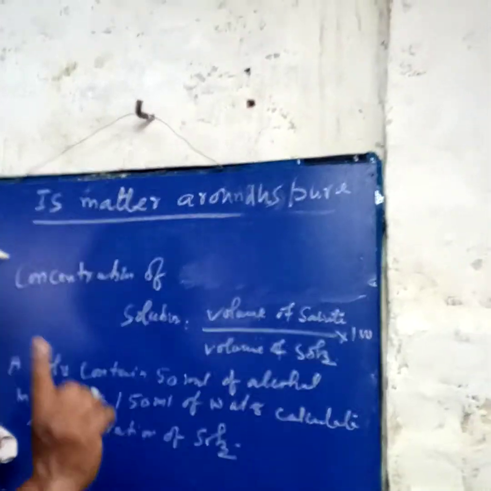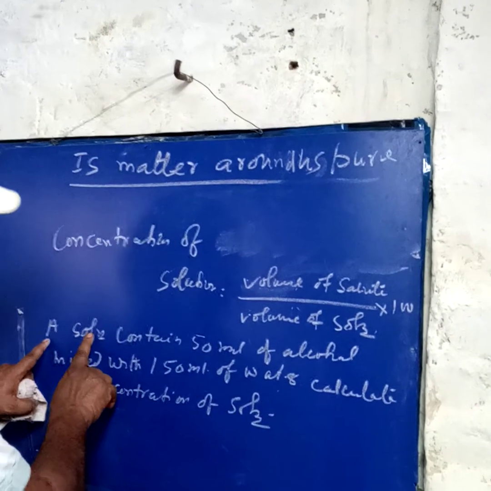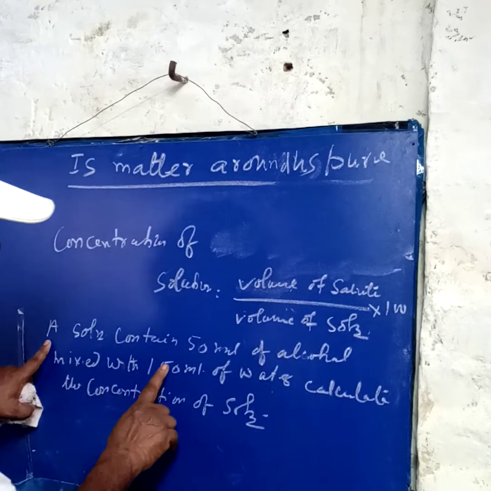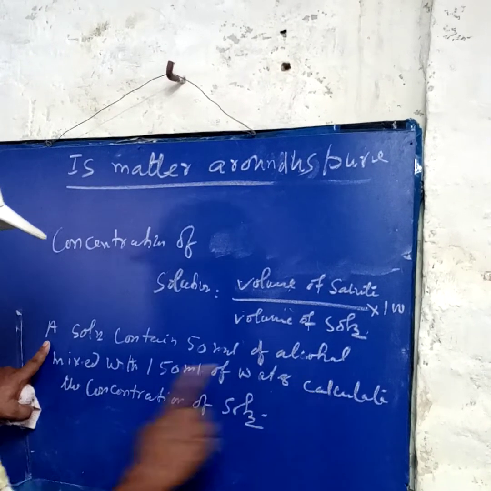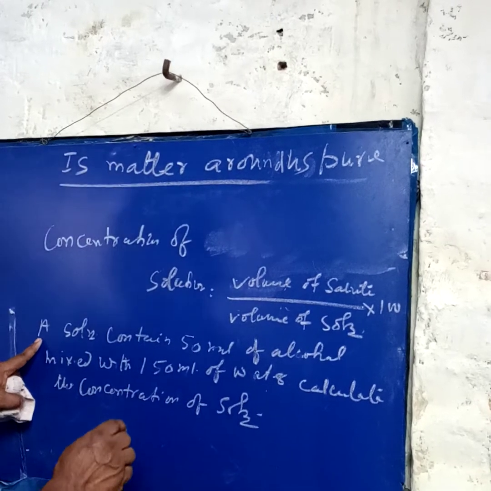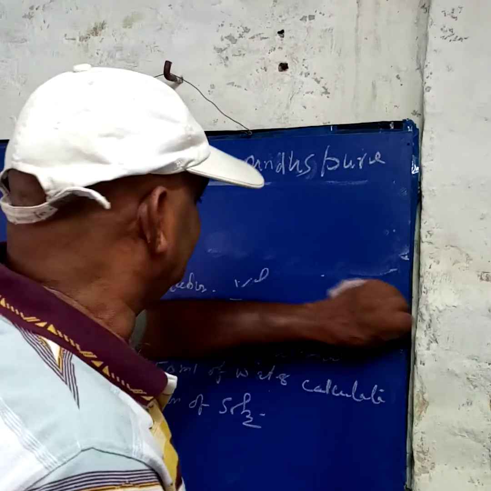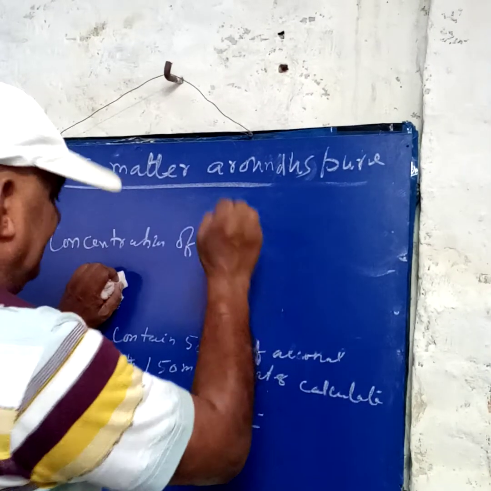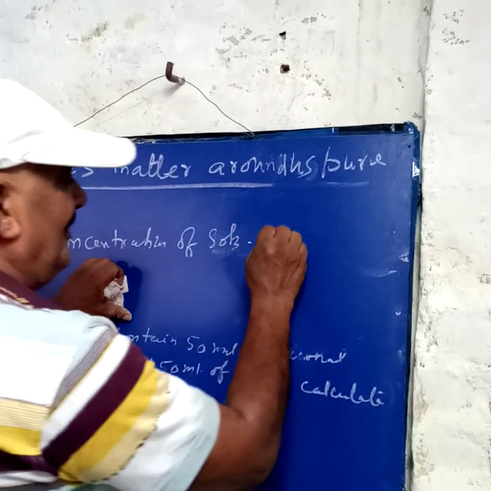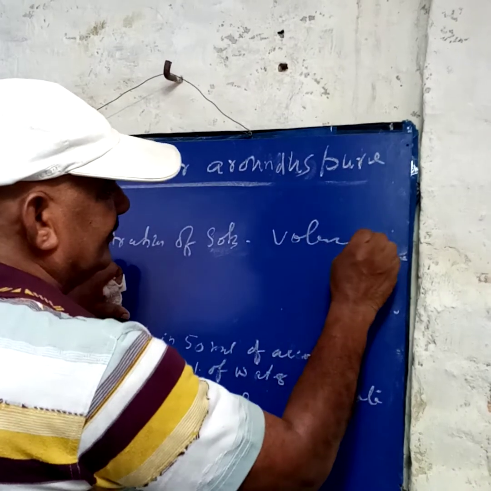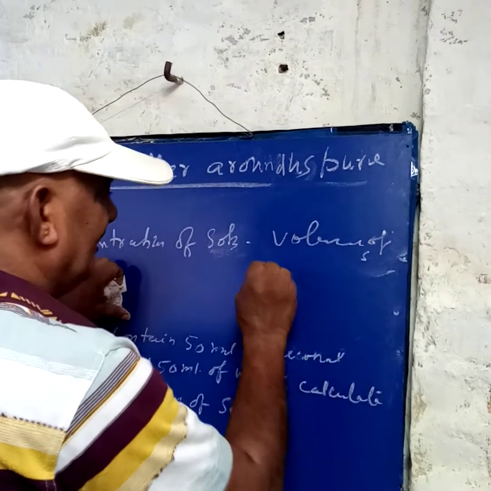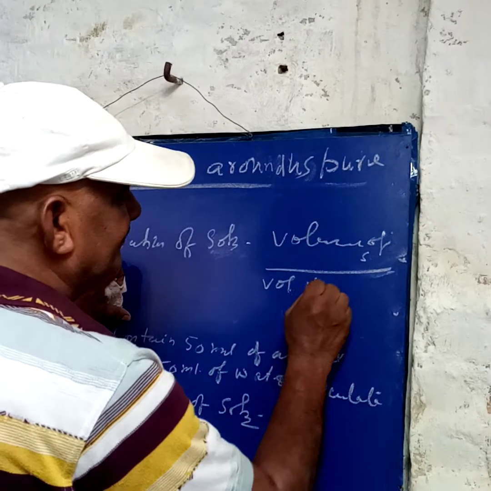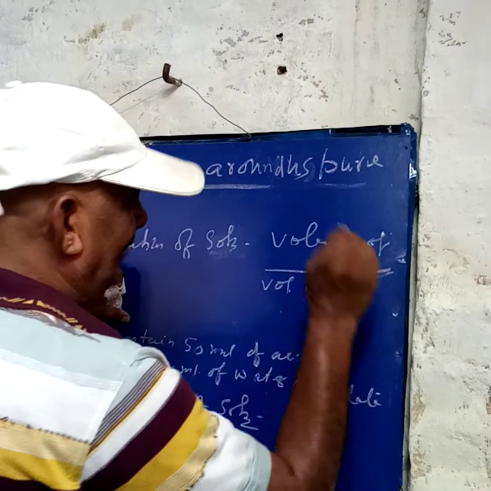Same problem. Suppose one problem is given: a solution contains 50 ml of alcohol mixed with 150 ml of water. Calculate the concentration of solution. Concentration of solution means volume of solute by volume of solution into 100.